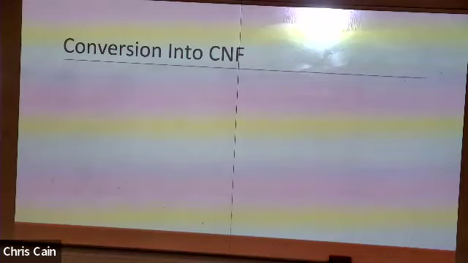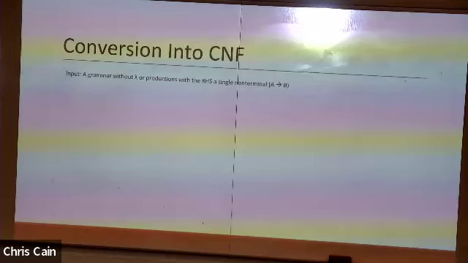All right, so the process of converting into Chomsky normal form. We need a grammar without lambda or productions with the right-hand side a single non-terminal. So something like A to B. Those are important and those can also easily be eliminated.